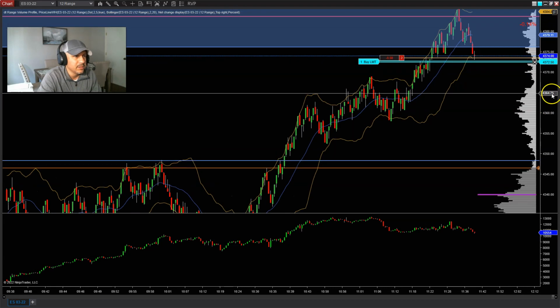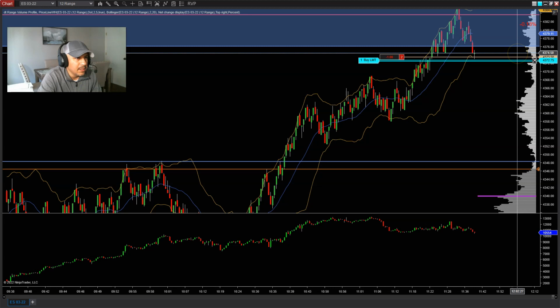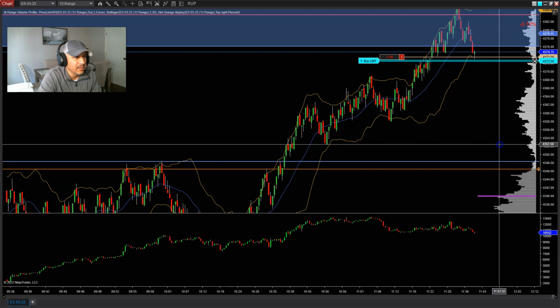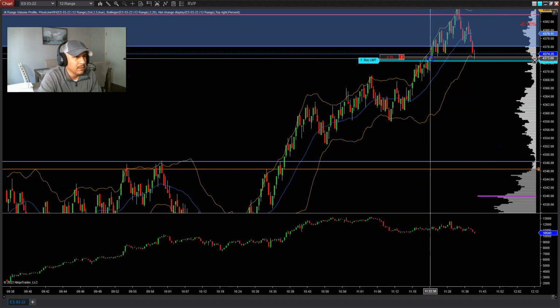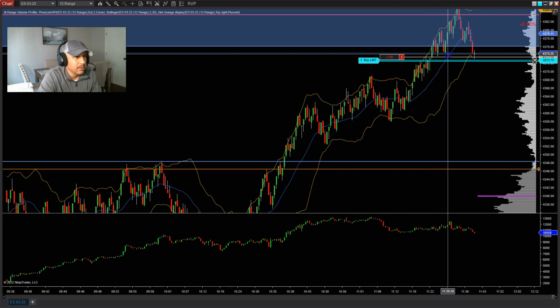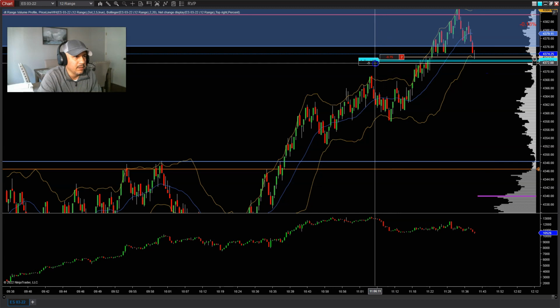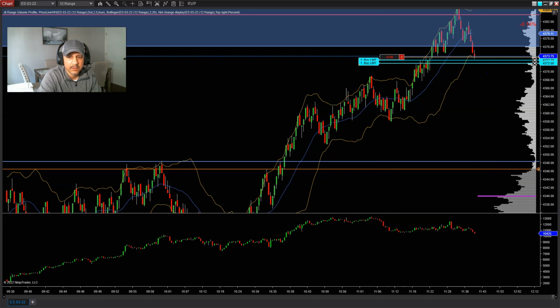It didn't quite close below 74.5. So I was being a little aggressive on that trade right there, but it's okay. I'm looking for price to close below and come down here and test.